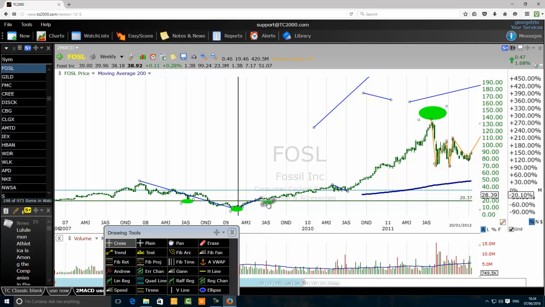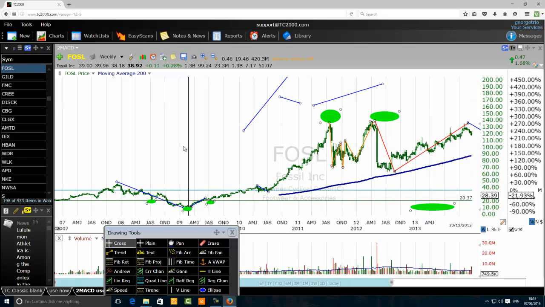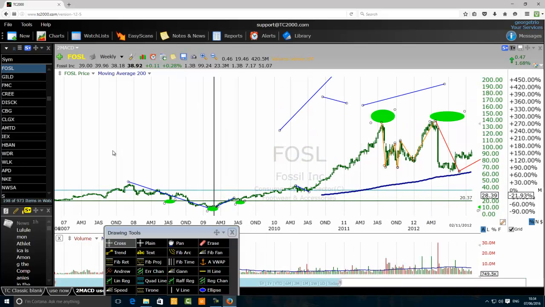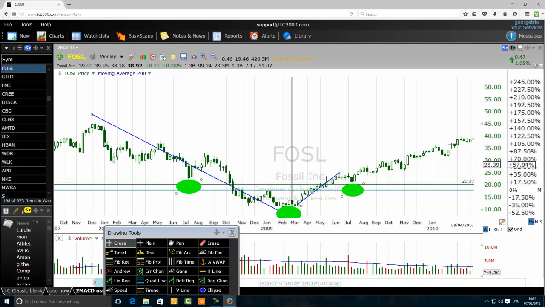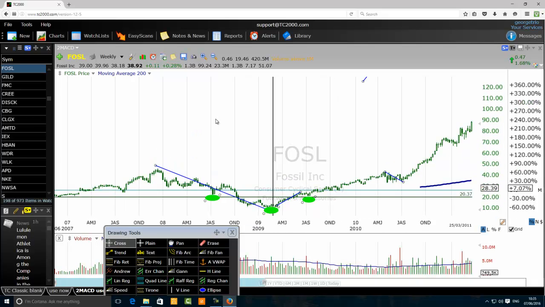This low here is the first higher low after the bearish trend. Here you see the price going down, down, down. This low is the first higher low after the bearish progression. Following our guidelines, I would prefer to call this the first wave.